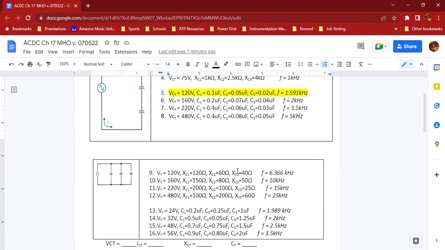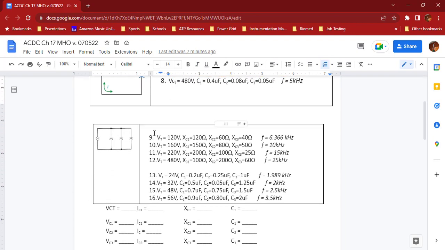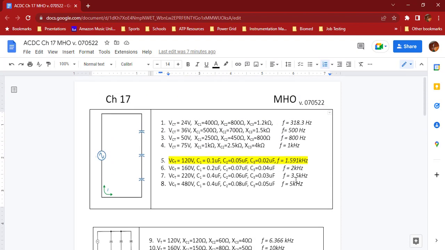And that's something that you'll see also for number 9 through 12, you're given capacitive reactance, and then number 13 through 15, you're given capacitance. So when we're given capacitive reactance, we have to find capacitance. When we're given capacitance, we have to find capacitive reactance.